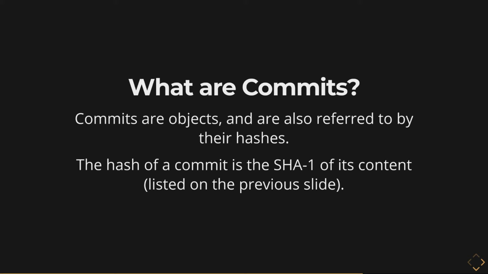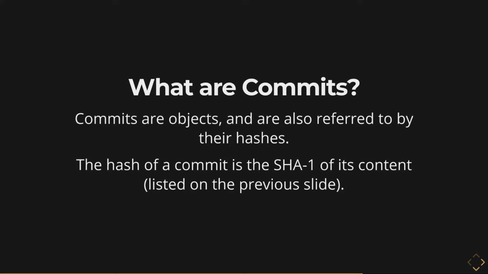Now, a commit is also an object, so of course a commit has a hash, and it's referred to by its hash. The hash of a commit is actually literally the hash of all the information that we just mentioned.